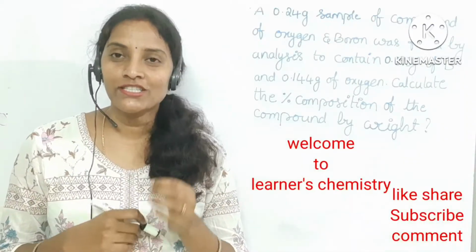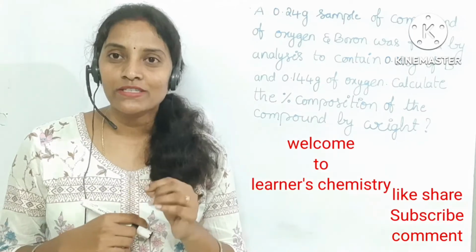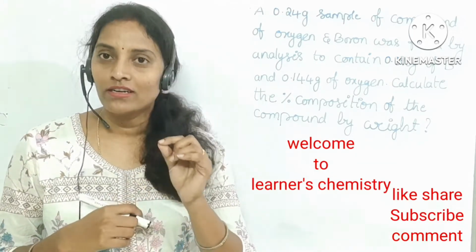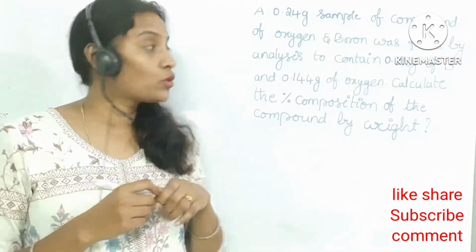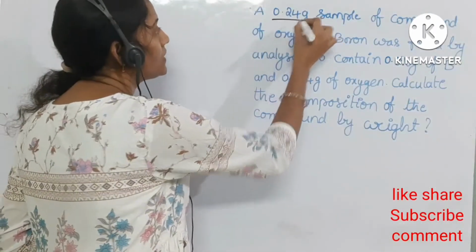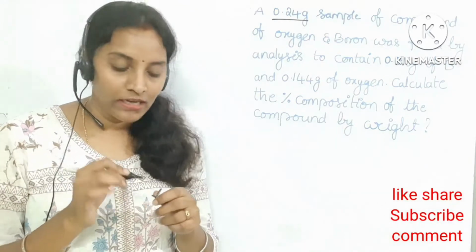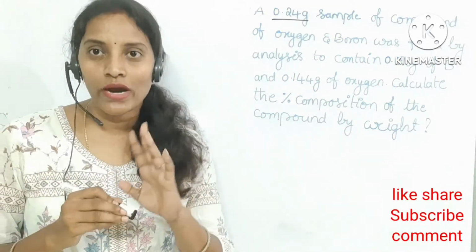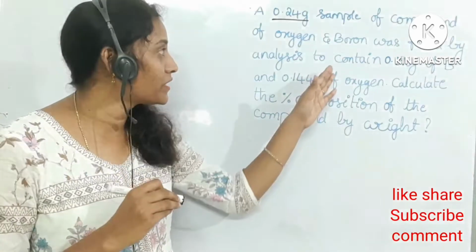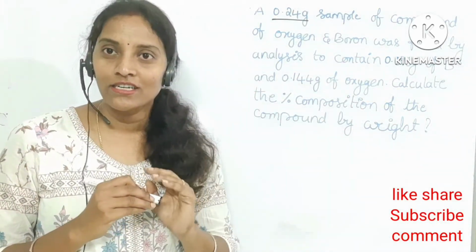Here the problem is you have to calculate the percentage composition of a compound by its weight. The compound's total weight is 0.24 grams. That given compound's sample contains 2 elements, oxygen and boron.